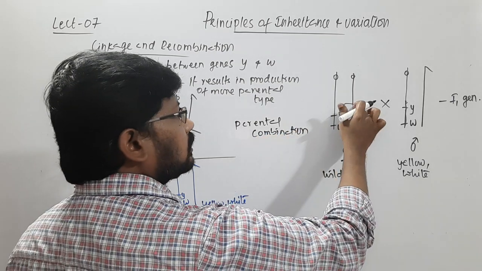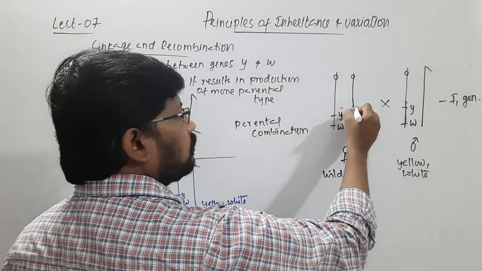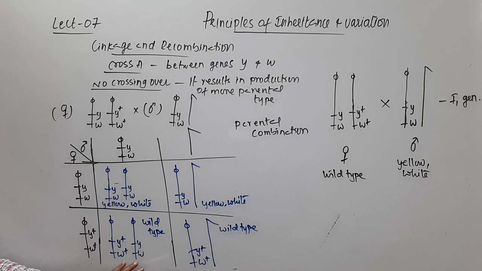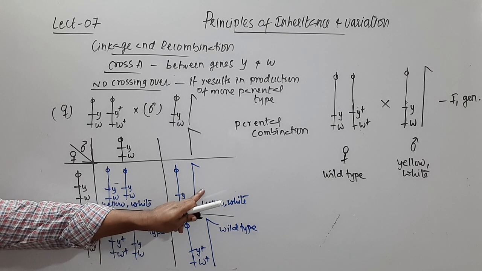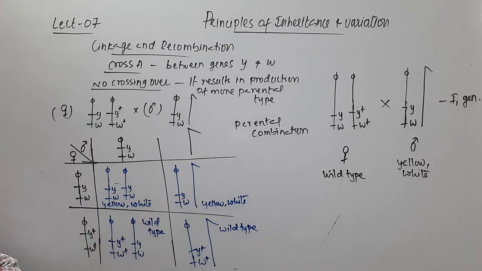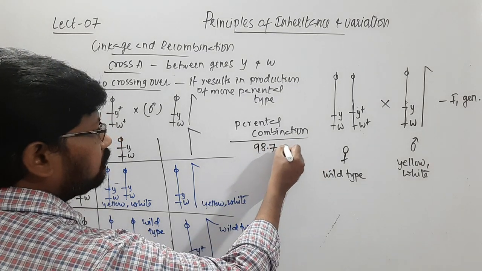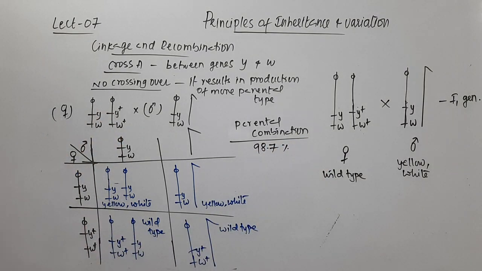So these are parental combinations, and this is also a parental combination. When they looked at the parental combination, the percentage they obtained was 98.7 percent.